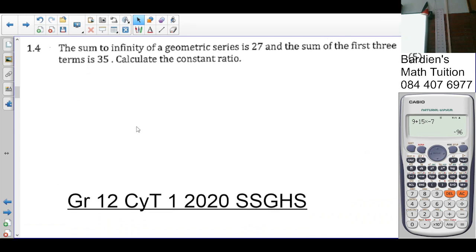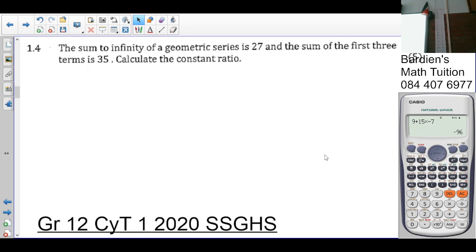We are told in 1.4 that the sum to infinity of a geometric sequence is 27. The sum of the first three terms is 35. Calculate the constant ratio. So in other words, we're calculating r. Okay. So the sum to infinity, S infinity, is equal to a over 1 minus r, which is 27.